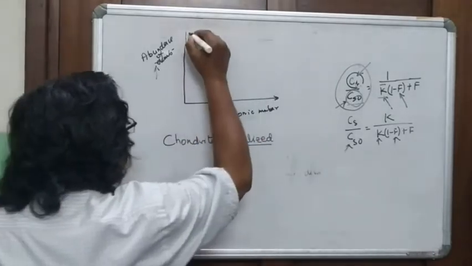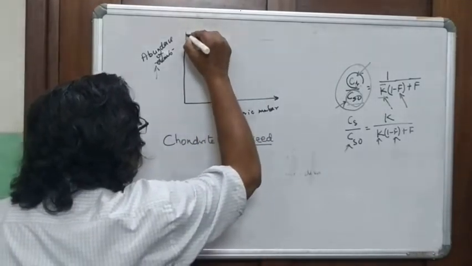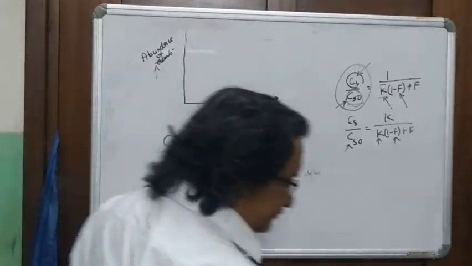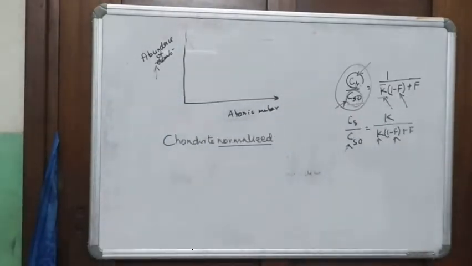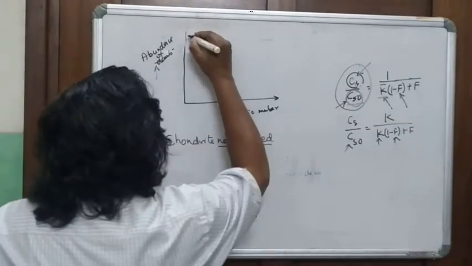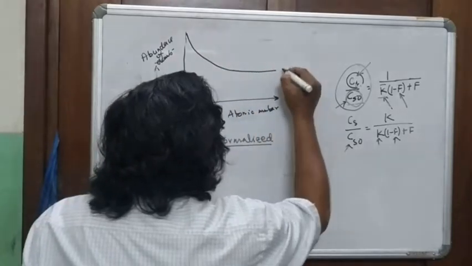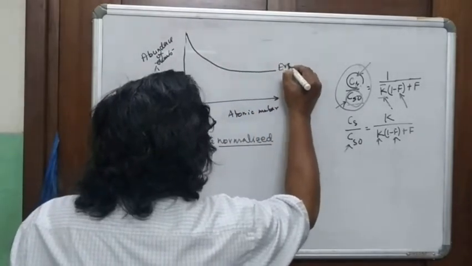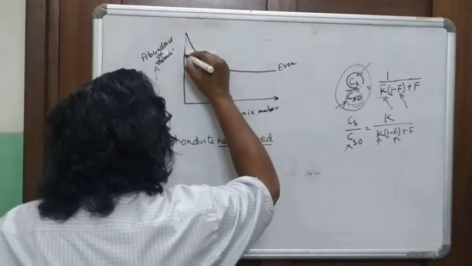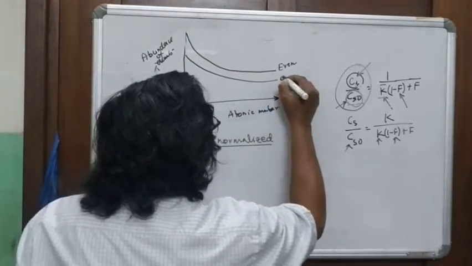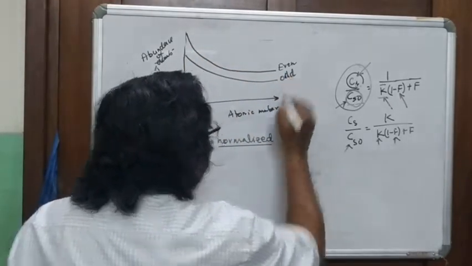Now, if you plot their abundance curves, if you draw their abundances, you will have a curve for even atomic number elements and you will have a curve for odd atomic number elements.